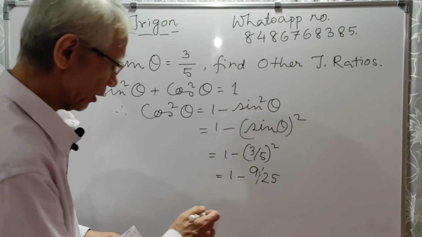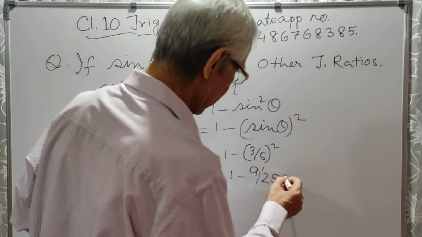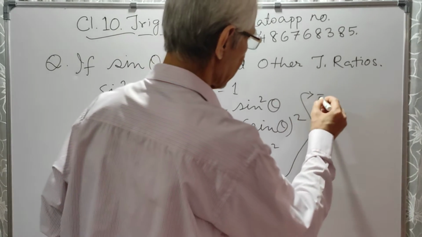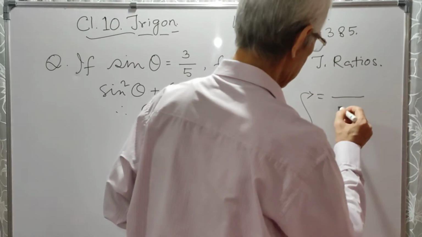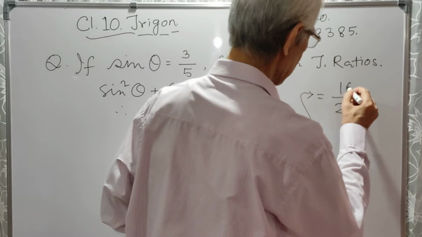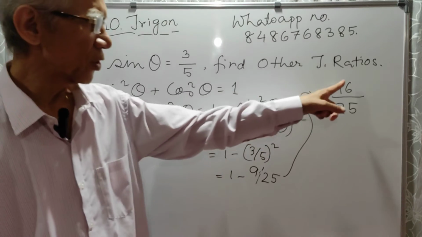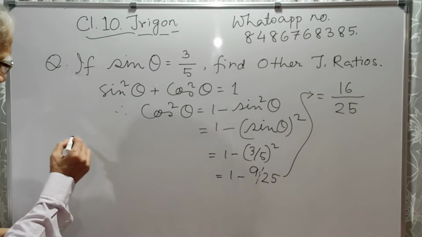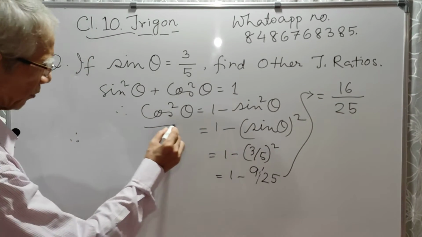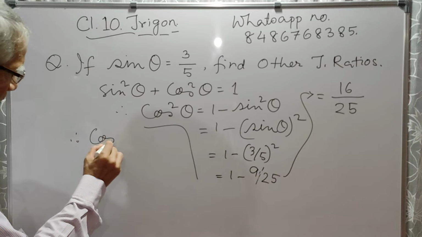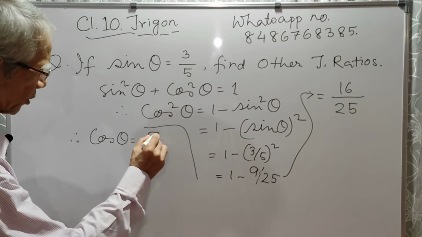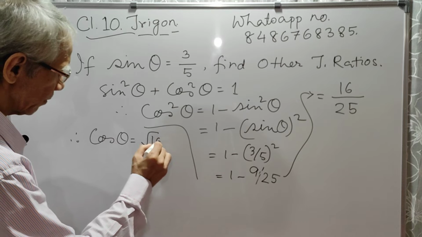Now 1 minus 9 by 25 is what? Taking 25 as LCM, it equals 16 by 25. So cos square theta is 16 by 25. Therefore, cos theta will be obviously square root of that 16 by 25.